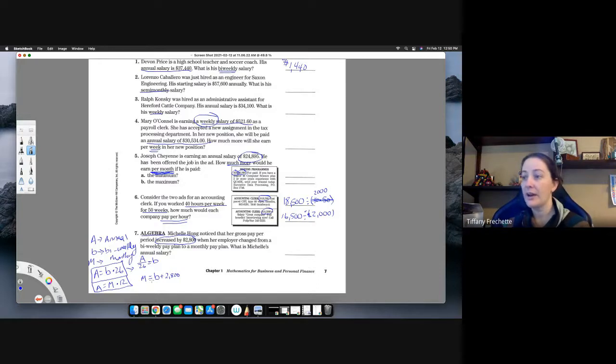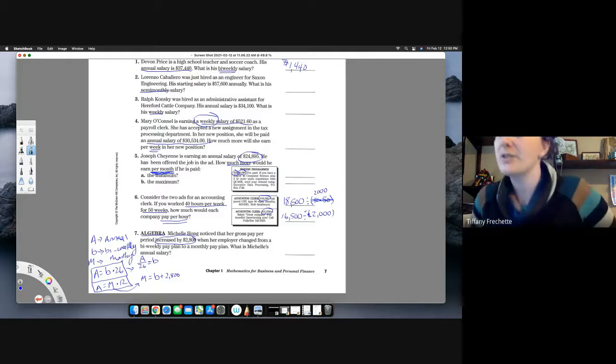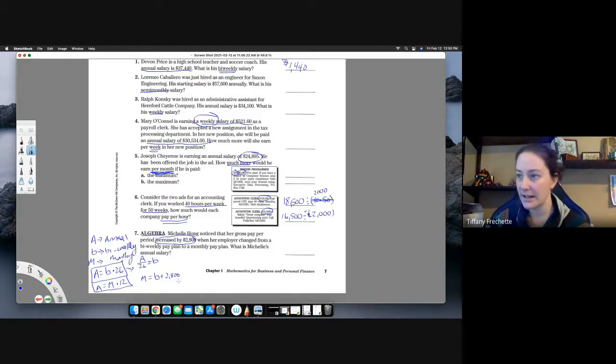By manipulation, all I mean is I'm moving numbers around to get them where I want them. I'm not changing anything, so that I can get the equations that I need. So I know that M equals B plus 2,800. What I'm trying to do is get B in the equation.